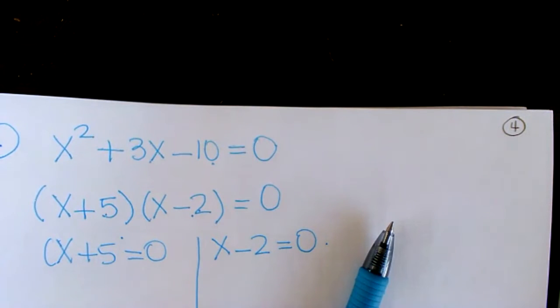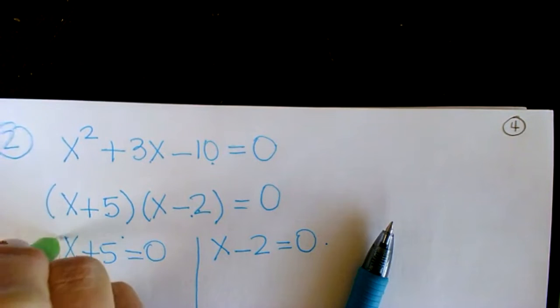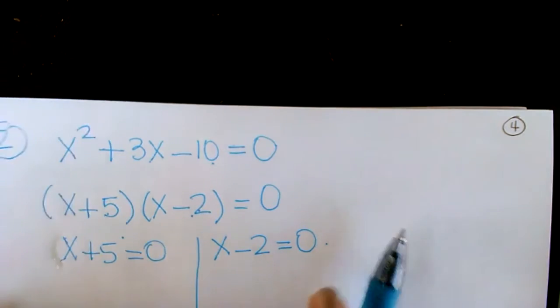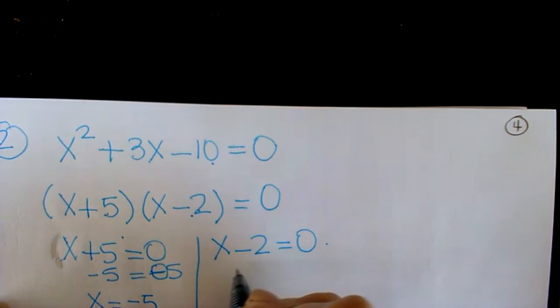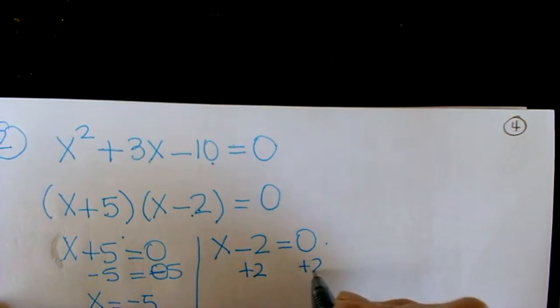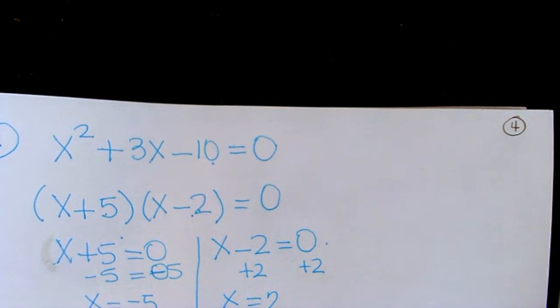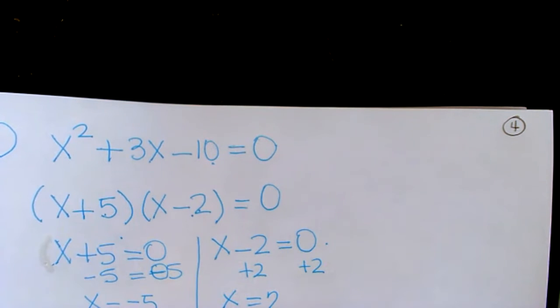That's what the property says. Now I'm subtracting 5, so x equals negative 5, and adding 2, x equals 2. So we just did one using the zero factor property.